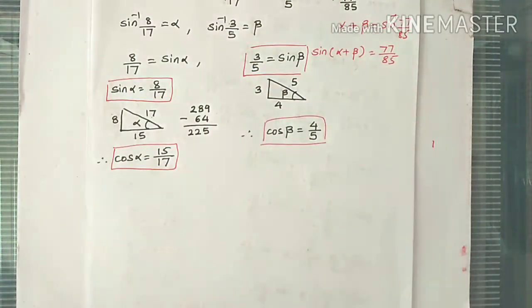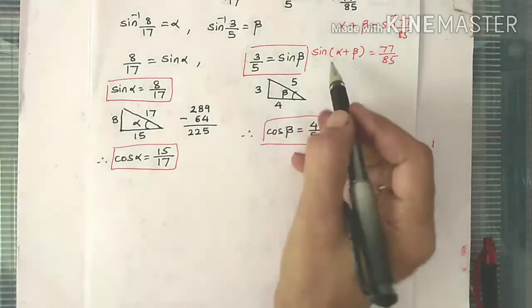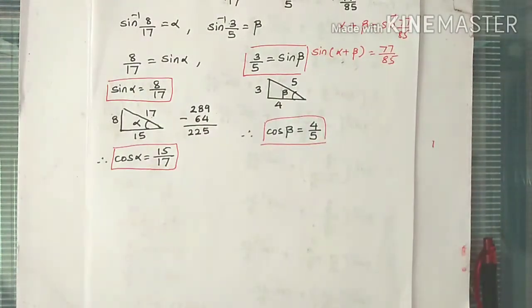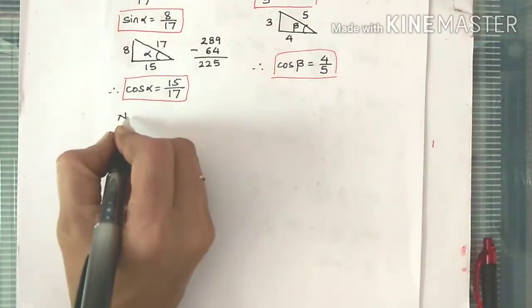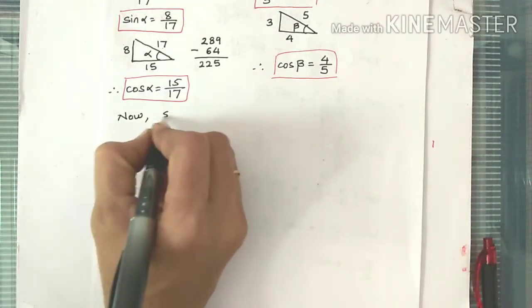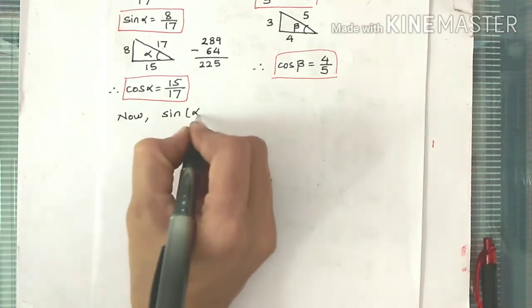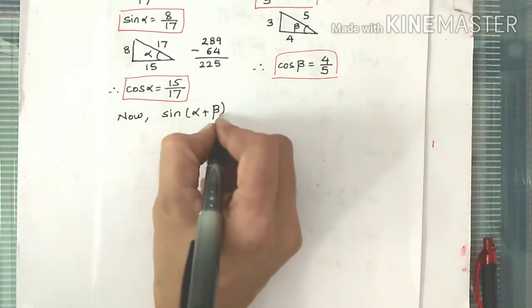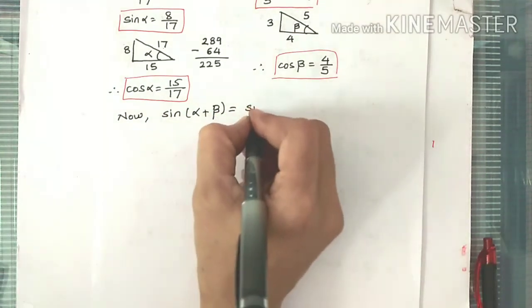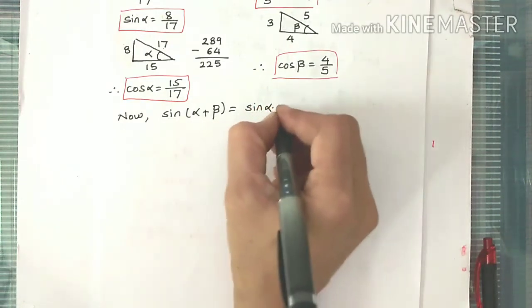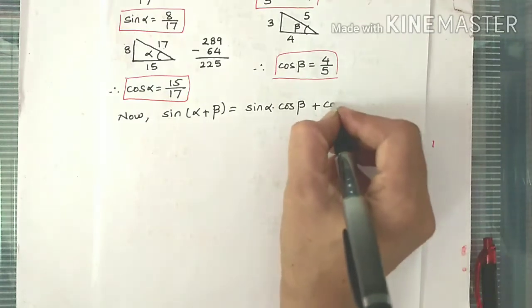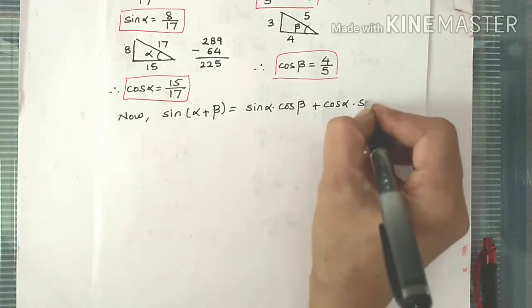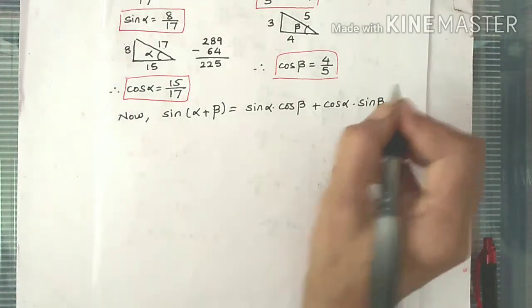Now the next step is to prove that sin of alpha plus beta is 77 by 85. So let's write that. Now sin of alpha plus beta. Let's write the formula. Sin of alpha plus beta is sin alpha multiplied by cos of beta plus cos of alpha into sin of beta.